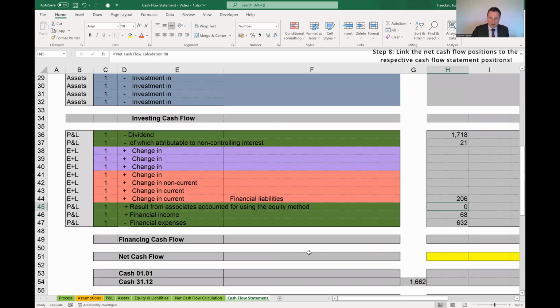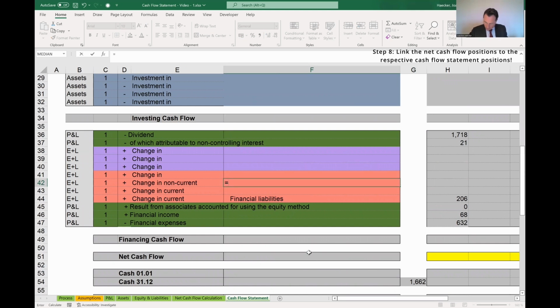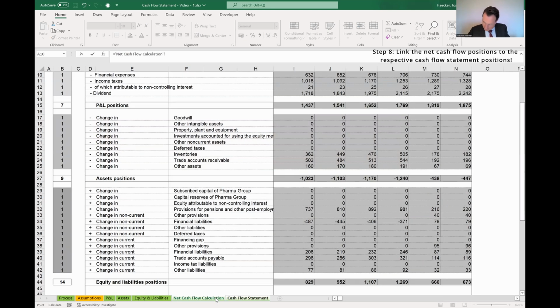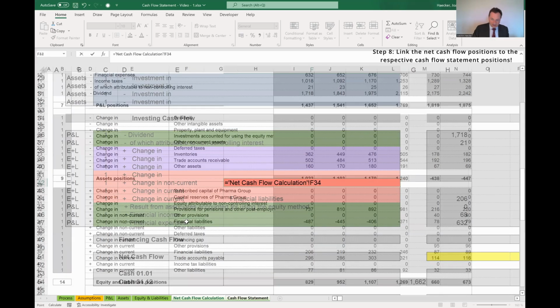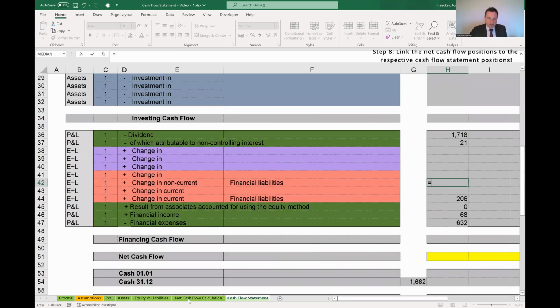Done. I'm pointing it out with the long-term or non-current financial liabilities position. This is here. And I link it over there.